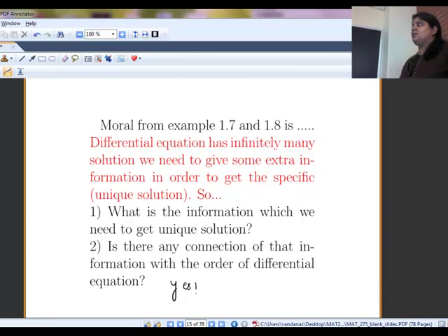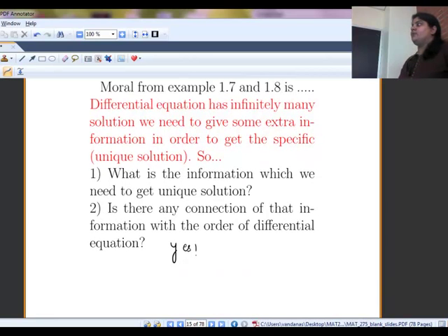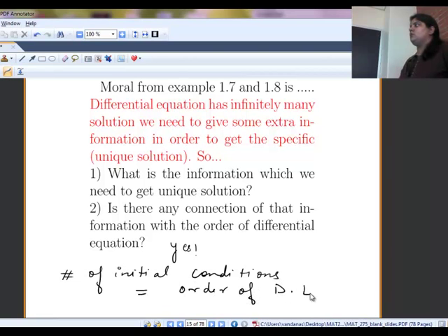That is, the number of initial conditions should be equal to the order of the differential equation. So that's what you need.